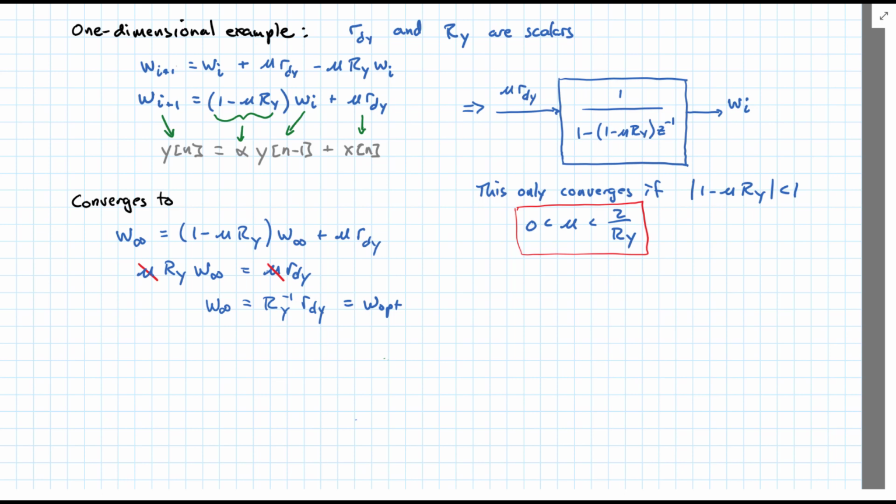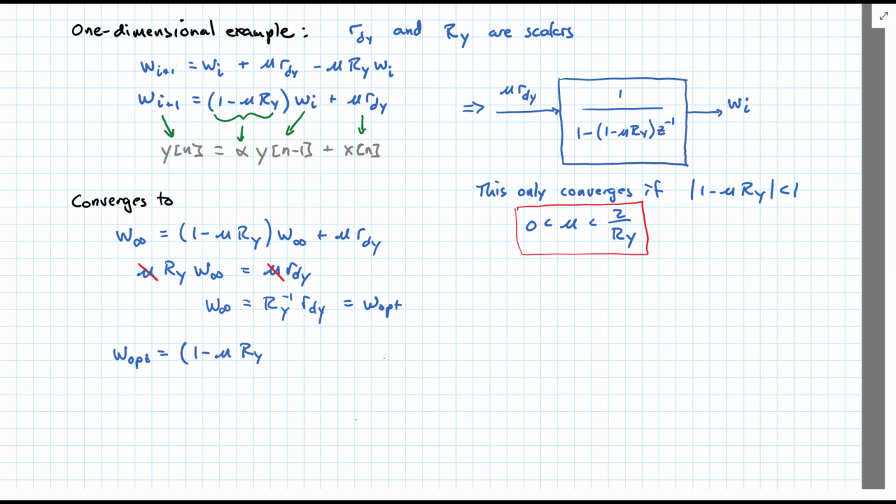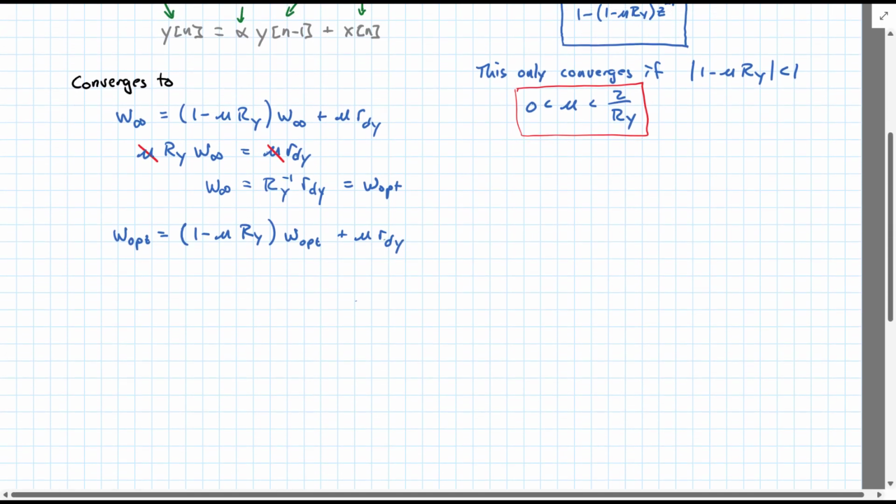So we're going to take a page from this previous analysis, and we're going to note that the optimal solution is that converged fixed point, and this will help us describe the dynamics of the equation in a little bit different or easier way.